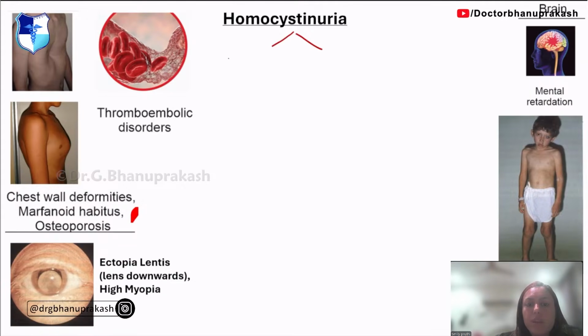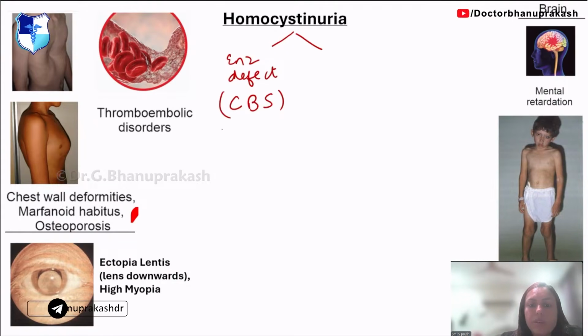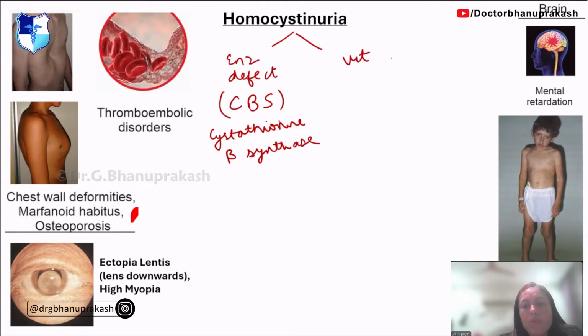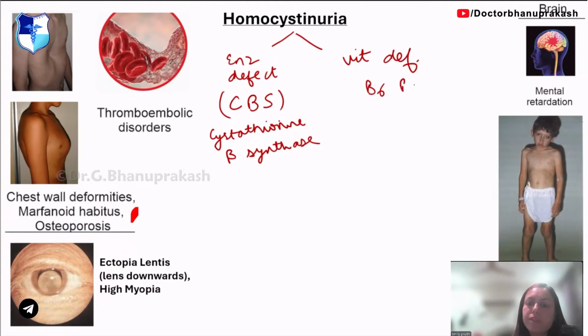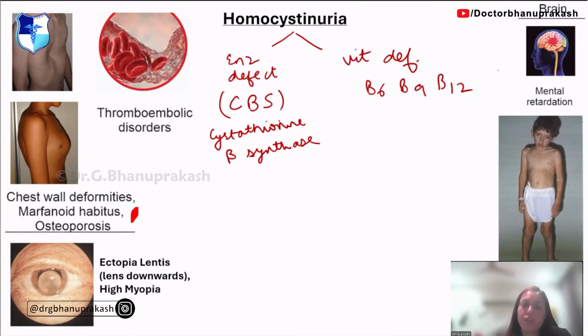Homocysteinuria can be because of enzyme defect, that is CBS, cystathionine beta synthase, or it can be because of vitamin deficiency, vitamin B6, B9 or B12 deficiency can lead to homocysteinuria.